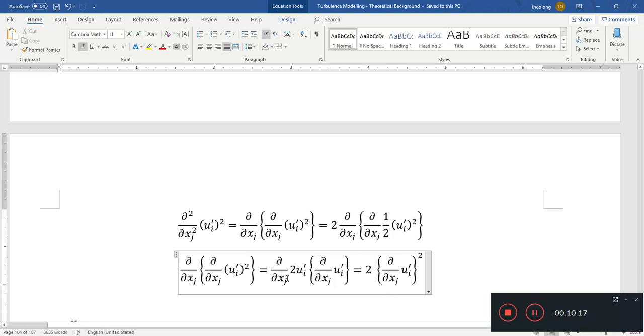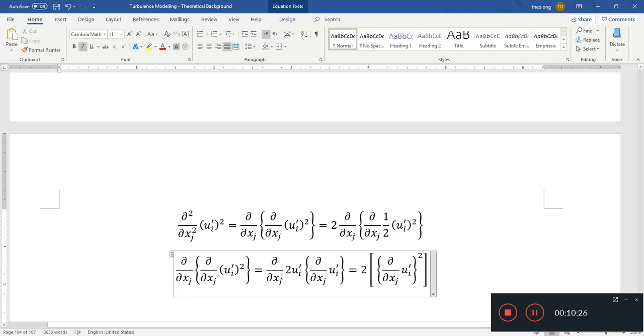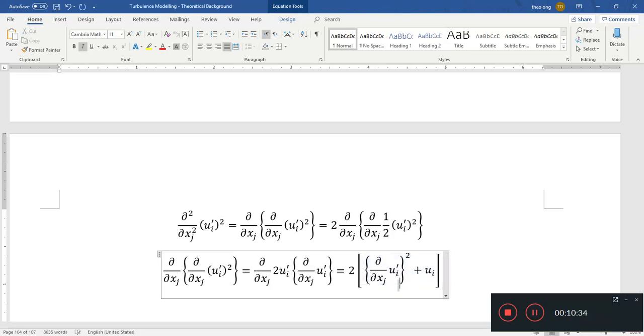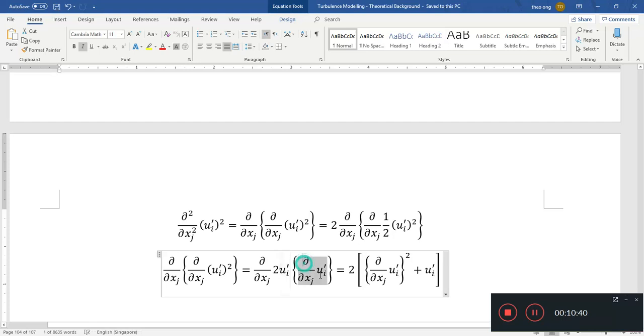Hold on, I need to do a proper product rule. So I'll bring the 2 on the outside, and I'll say I want to differentiate this and then multiply by this side. Then plus ui prime, and then we do a second derivative of this.